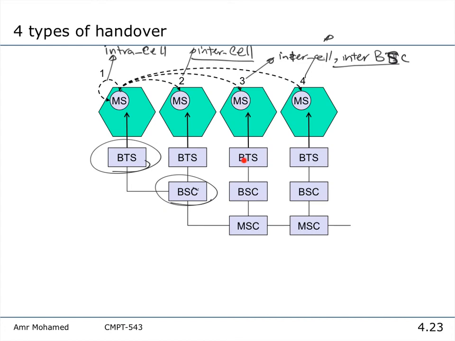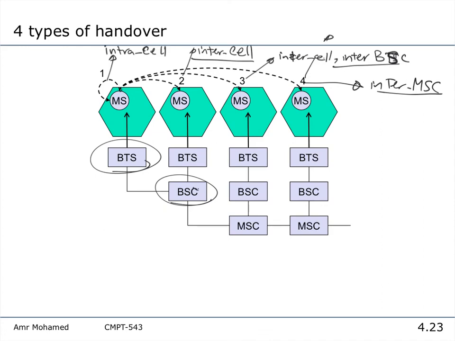So number 3 is controlled by this BSC, and number 1 is controlled by this BSC. Which means that those two cells are controlled by two different BSCs, in which case I have to engage an MSC. Okay? And the fourth one here is inter-MSC. For inter-MSC, I have to engage two MSCs together.